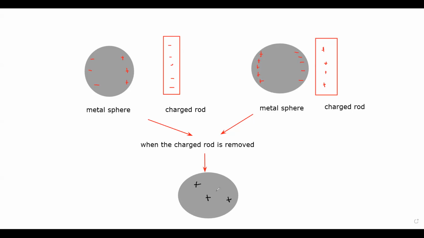Then again, the charges will be random. So the net charge in all the cases remains 0 on this metal sphere. Is it clear? This method is known as charging by induction.